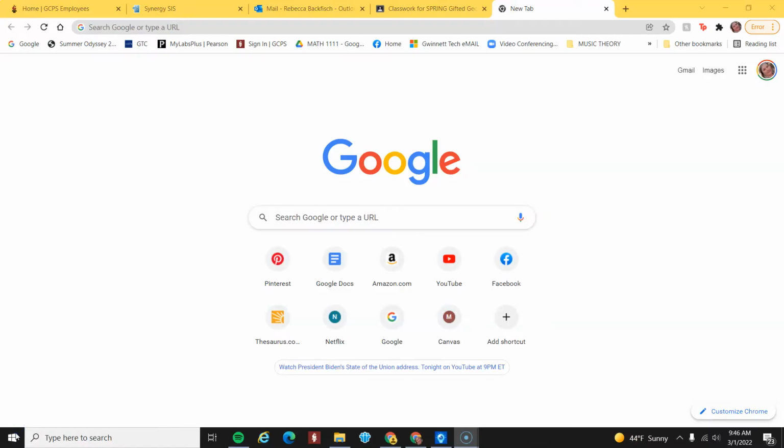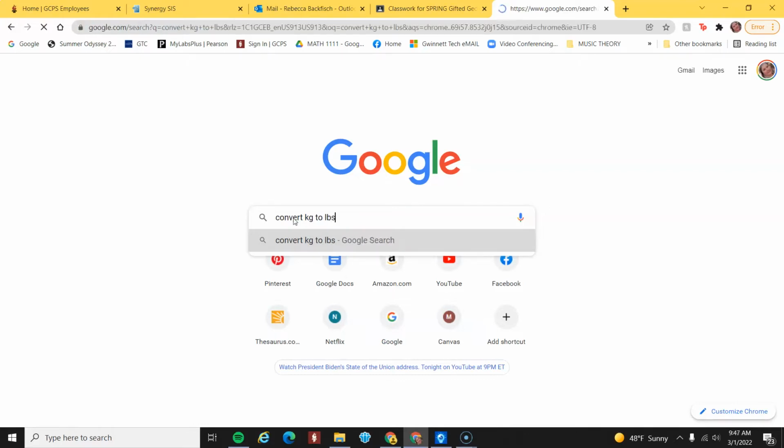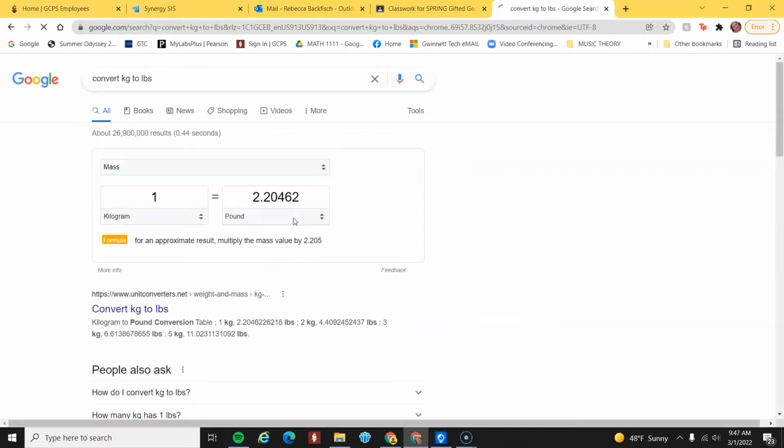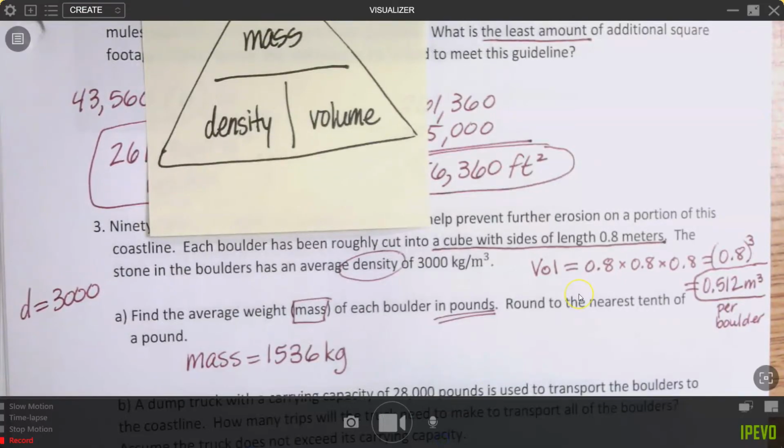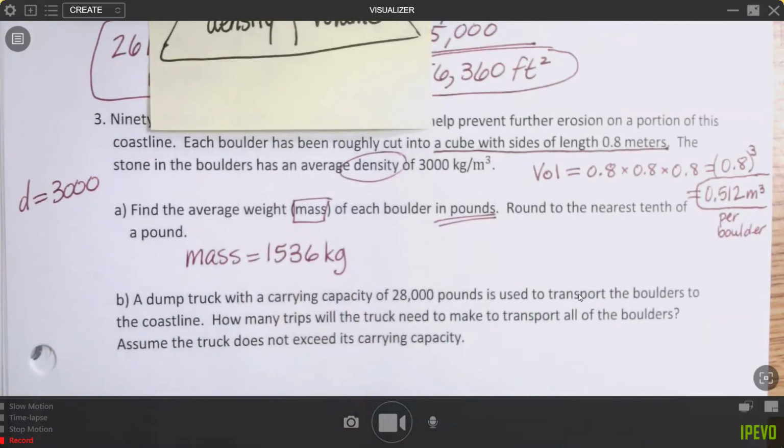So that means I need to convert it. Please don't forget that you have a wonderful thing called Google or Bing or whatever you want to use. You have your phone. So if you're not sure how to convert kilograms to pounds, you can just type convert kilograms to pounds. We could type in pounds, or the abbreviation is LBS. Okay, 1 kilogram is equal to 2.2 pounds. So going back to what I've got, each one of these kilograms is 2.2 pounds.